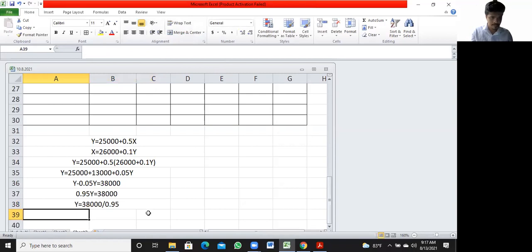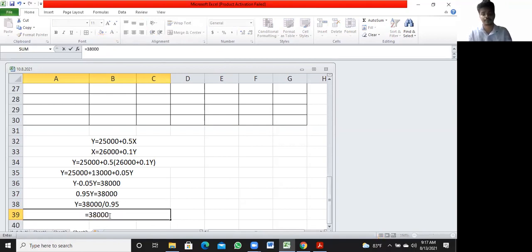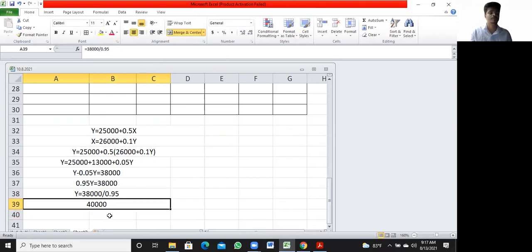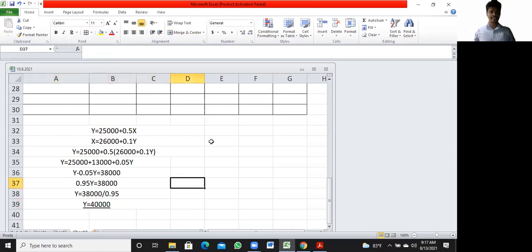Okay, now let's get the answer. 38,000 divided by 0.95 is 40,000. This is Y. So Y is 40,000. Now if we know the value for Y, we can get the value for X.